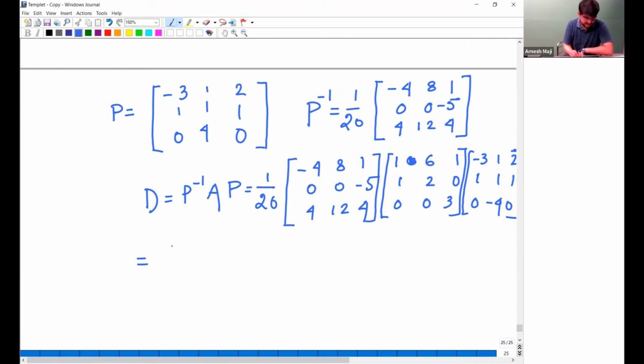If we do the multiplication, first we'll multiply these two matrices.